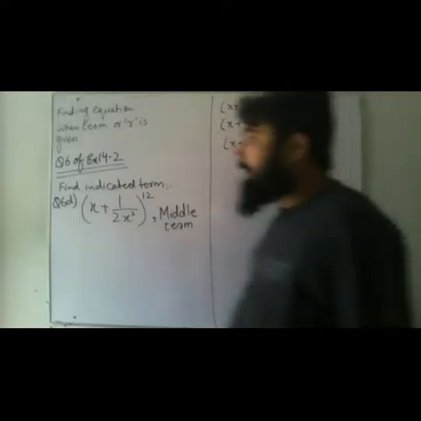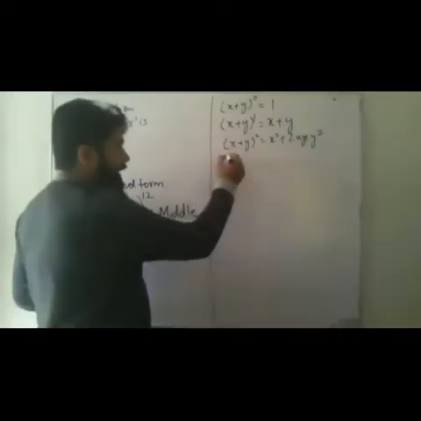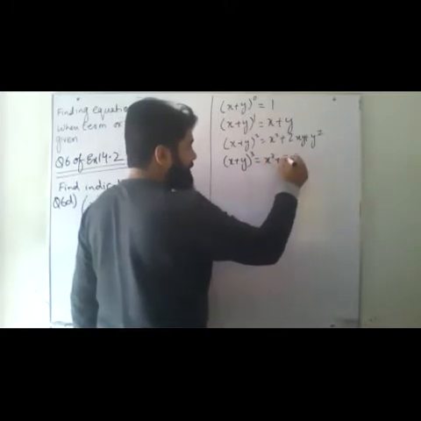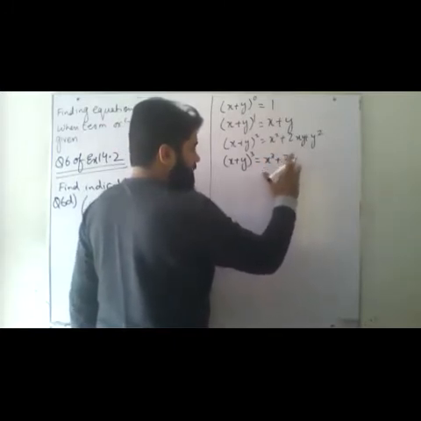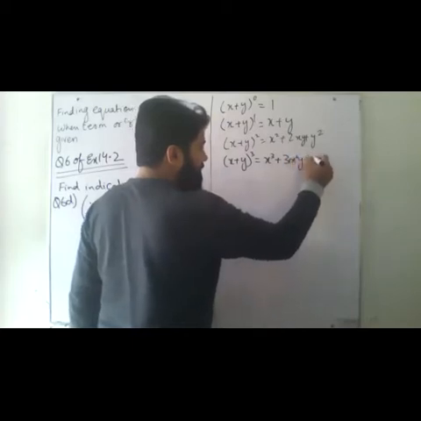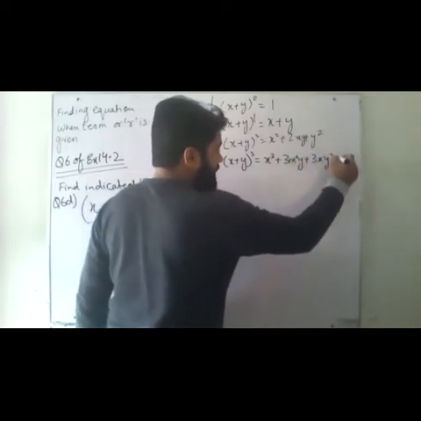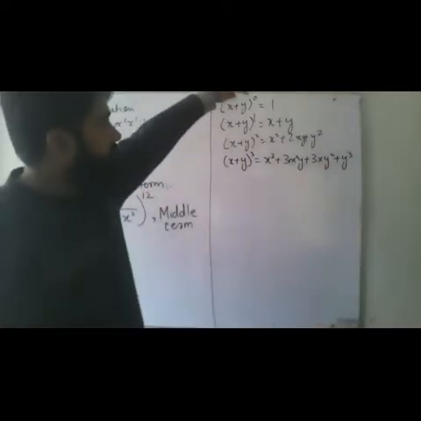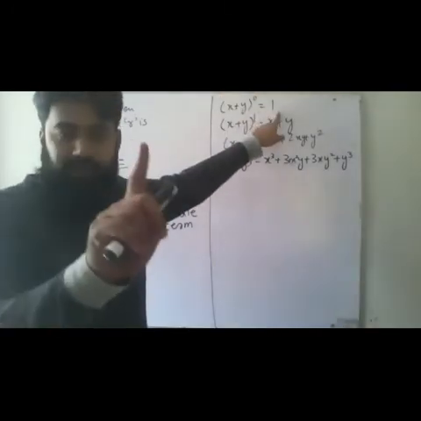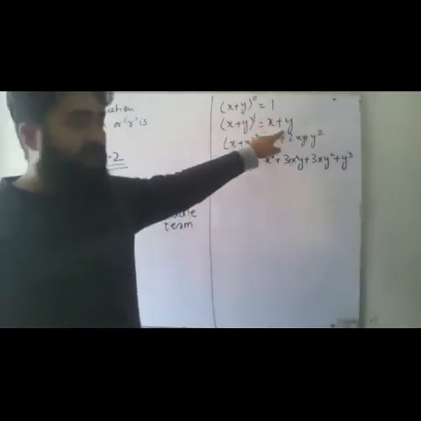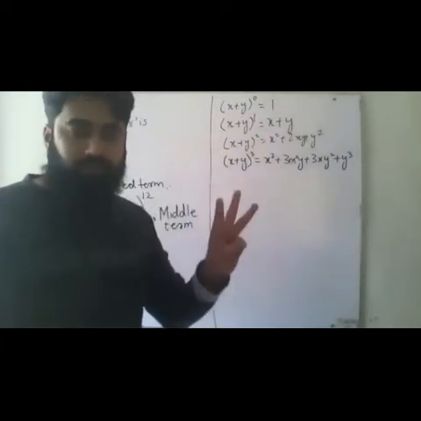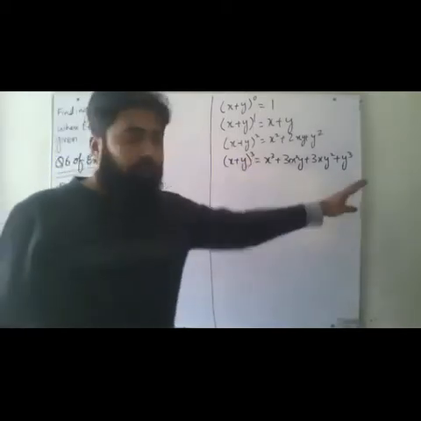After that, if I have x plus y whole cube, it means x cube plus 3x square y plus 3xy square plus y cube. Now you can see, when I had power 0, I had one term. Power 1, two terms. Power 2, three terms. Power 3, four terms.